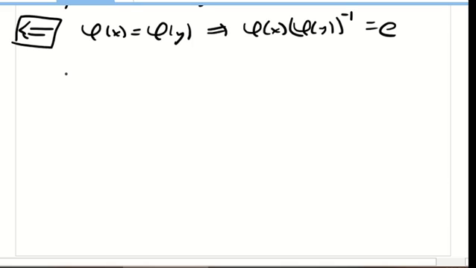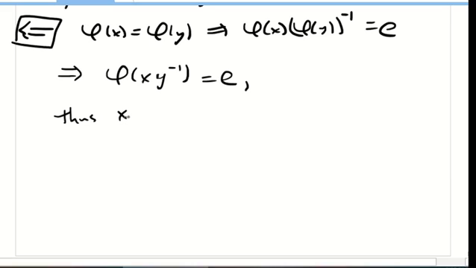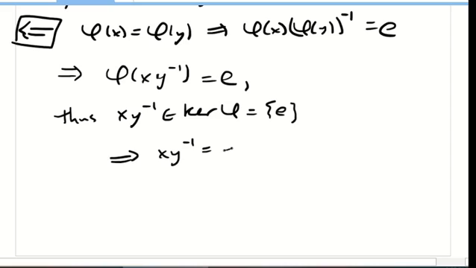So that means, in other words, x y inverse is in the kernel, but the kernel is trivial, which means they must be equal. So therefore, phi is 1 to 1.